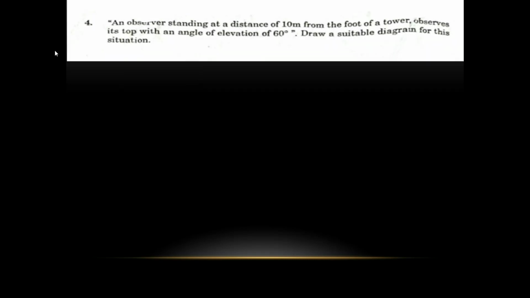Fourth question is, an observer standing at a distance of 10 meters from the foot of a tower observes its top with an angle of elevation of 60 degrees. So, draw a suitable diagram for this situation.